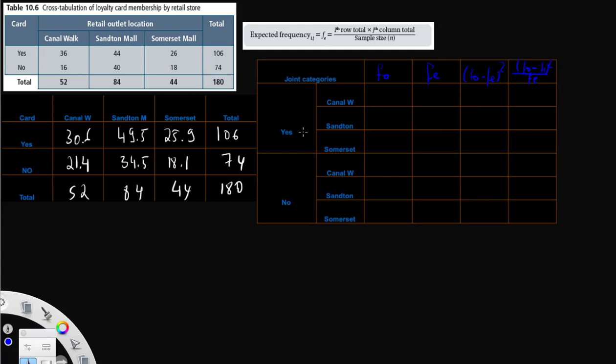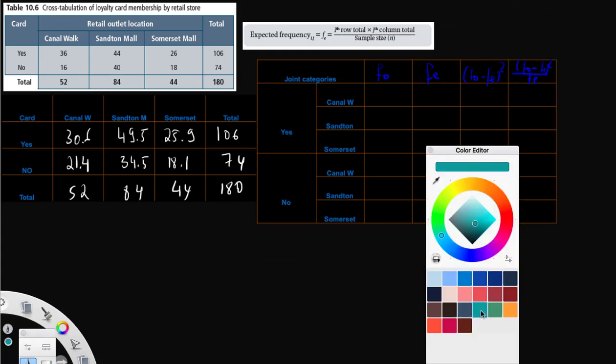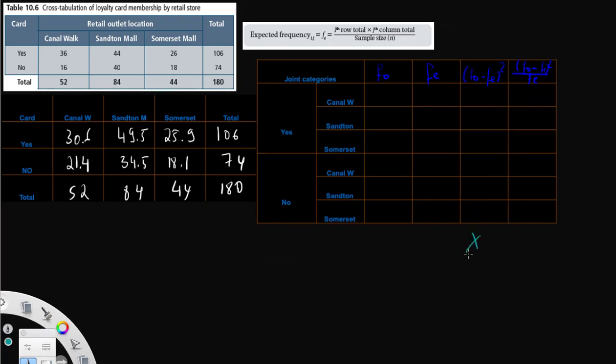Maybe just to save us some time, I'm going to pause and rewrite everything here, solve the first one, and then let you complete everything until you get the grand total, which I'll write as our chi-square stat. Let's pause the video and write everything here, and it's going to help us organize ourselves for the calculations.